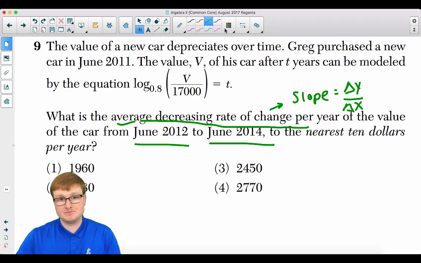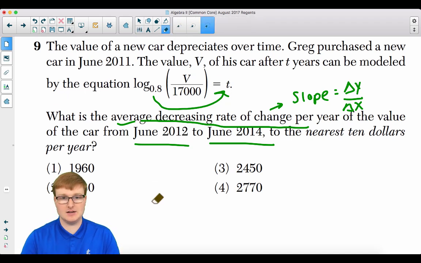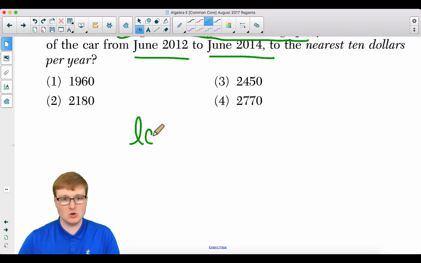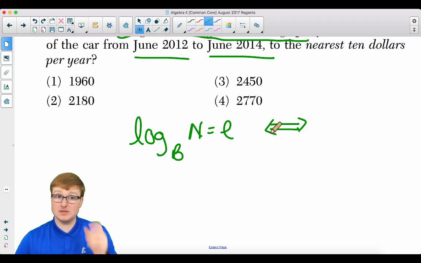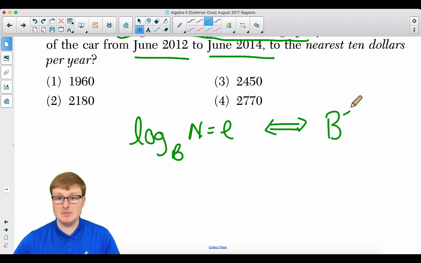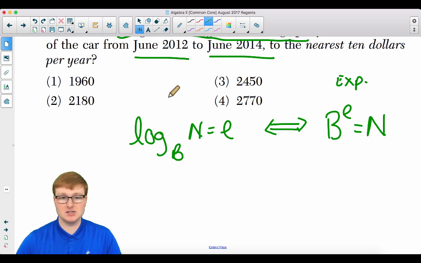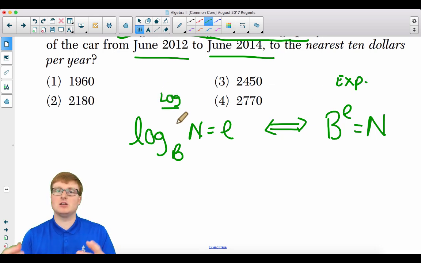So here's what we're going to do. I am going to loggy loop this, or log loop. So remember that this is in the log form. The log form is always written as log base b of n equals e, and it could be transformed into this type of an equation, b to the e equals n, which is just the exponential form. This is the logarithmic form, and remember that logs are exponents.